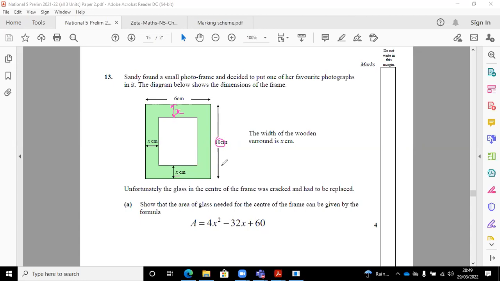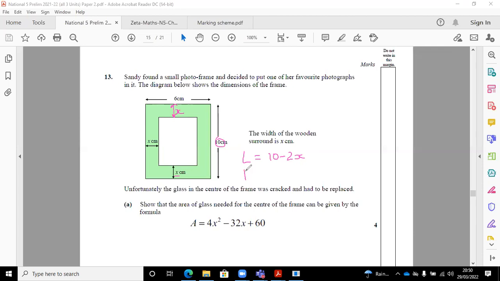So the length is 10 minus 2x. Have I lost anyone?